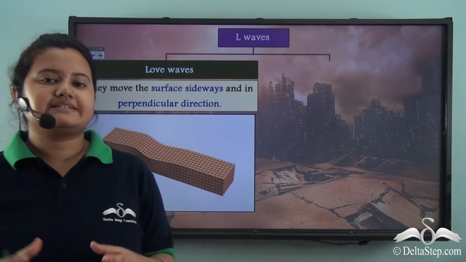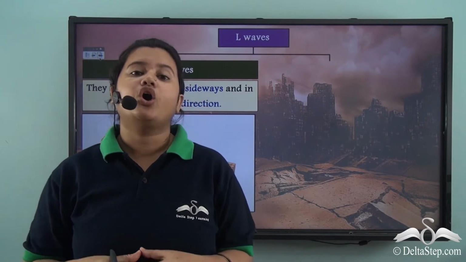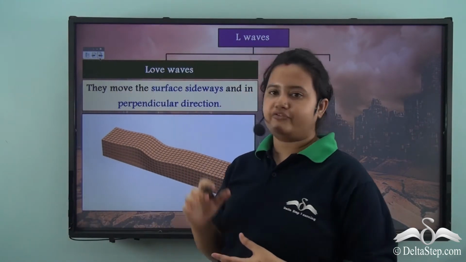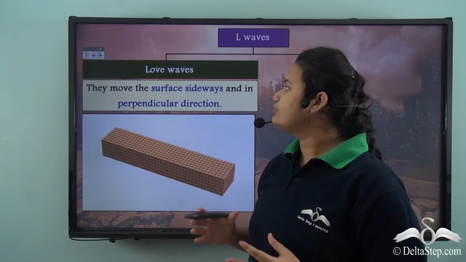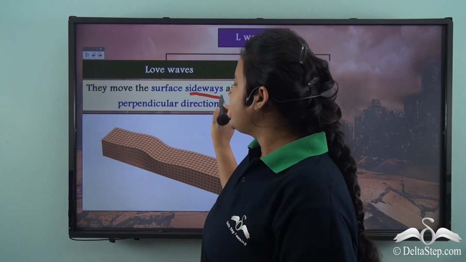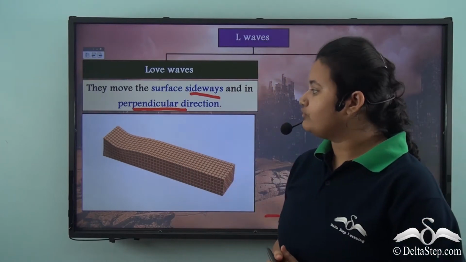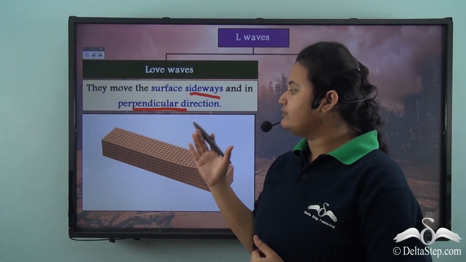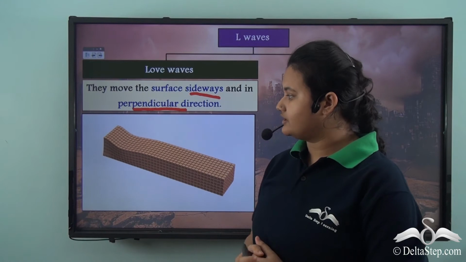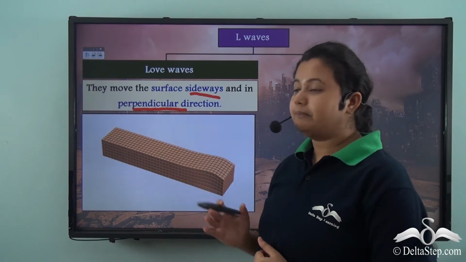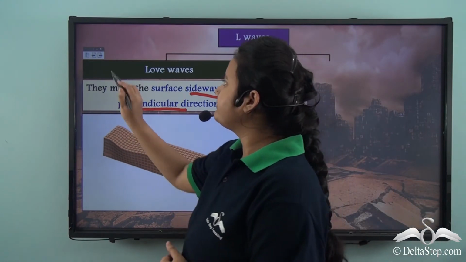Now, the first type of surface waves or L waves is Love waves. These waves move the surface sideways and in a perpendicular direction. See in this video, we can see how a Love wave moves. It moves the surface sideways or in a perpendicular direction.